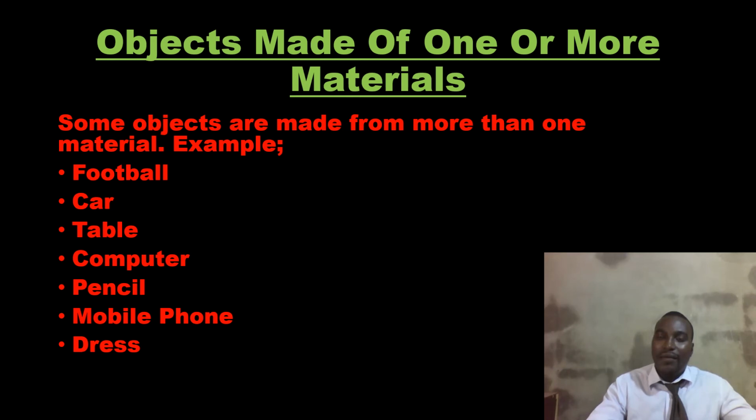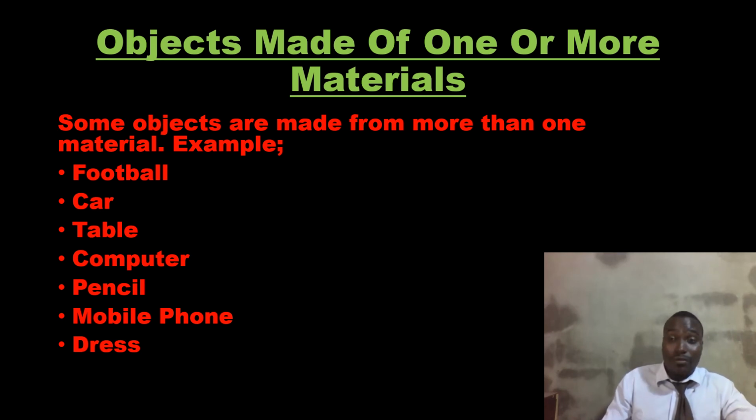When we take, for example, a car, every car is made of at least more than 3 materials. Why are we saying that? When you take the framework or the body of the car, it's made of metals, right? Now the seats in a car are made of leather.